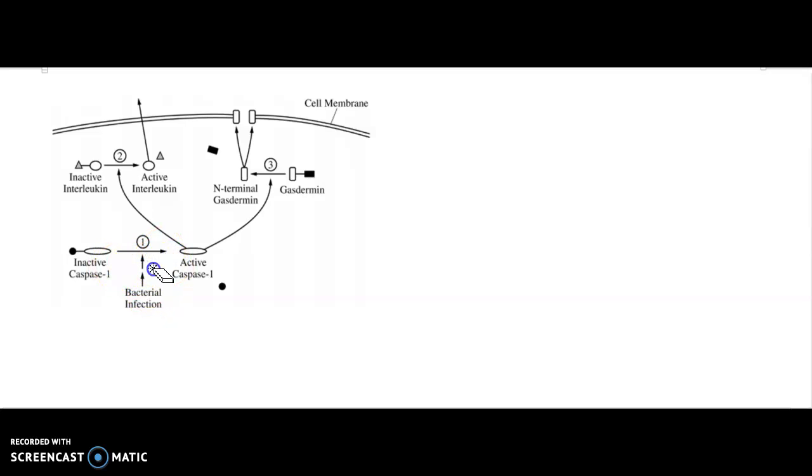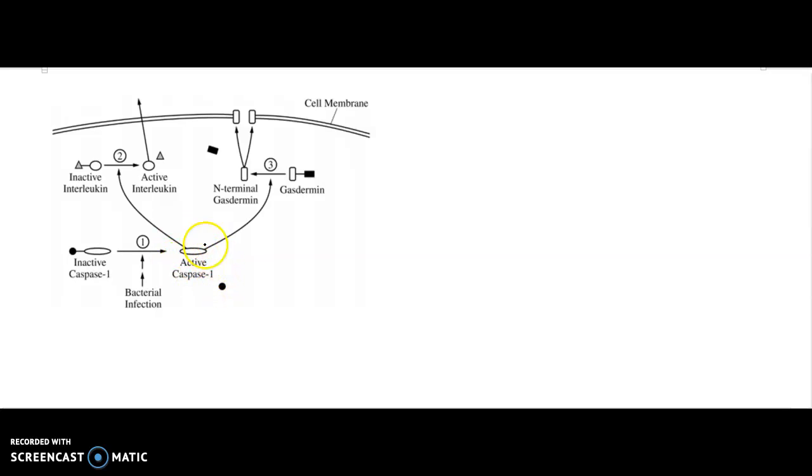Another thing that I can see is that the inactive version has this little particle bonded to it. So somehow, when the caspase has this particle bonded to it, it is inactive. But when it loses that particle, it's active. So we know that the bacterial infection is what causes this, but the reason why it becomes active is because whatever this is gets cleaved off.